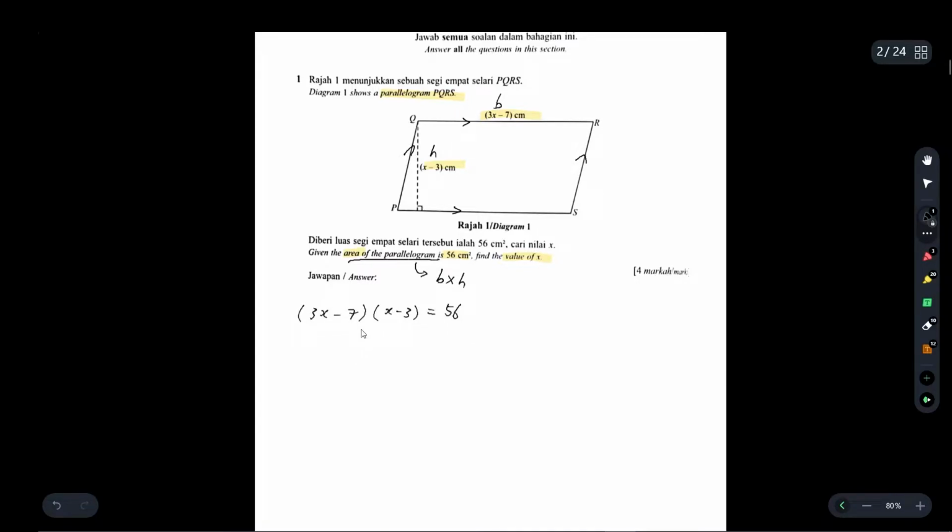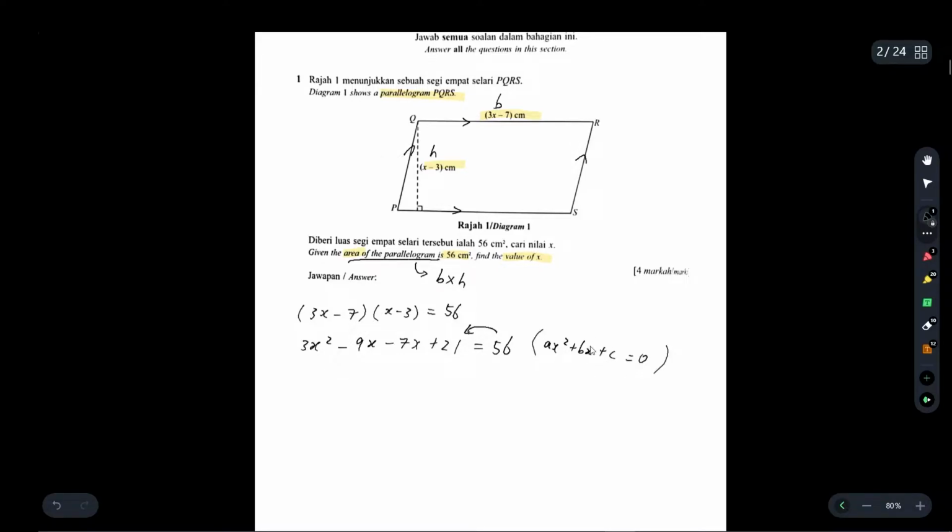So we multiply it, 3x squared minus 9x, and 7x, and then negative times negative will get positive, so we get plus 21. Okay, so we'll be throwing this 56 to here, just because we want to make this into a quadratic equation, which is ax squared plus bx plus c equals 0.